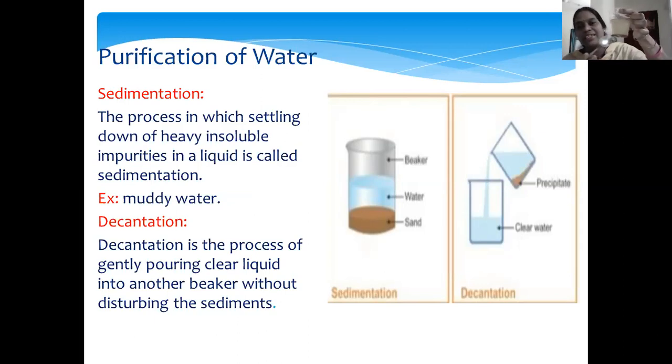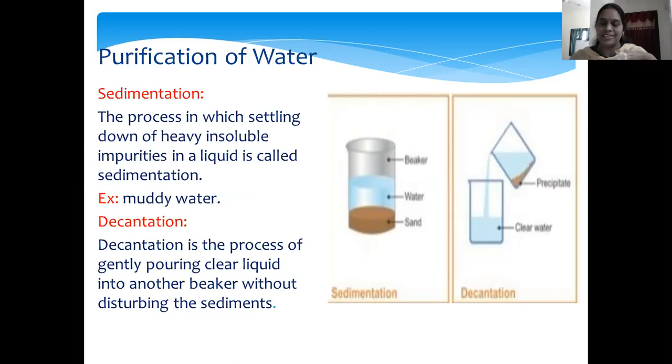Sedimentation is the process in which settling down of heavy insoluble impurities in a liquid is called sedimentation. Sand is heavier than water. So that's why sand will settle down slowly in the beaker. Okay, this process is nothing but sedimentation.